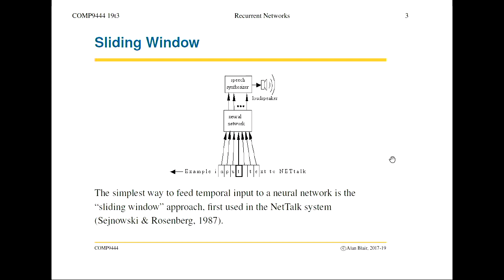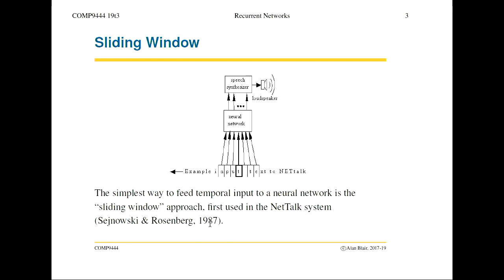The input is read in the form of characters, you have a neural network, and the output of the network goes into a speech synthesizer. It would choose between a bunch of phonemes, and just for fun, they hooked it up to a speech synthesizer so they could actually listen to the output.